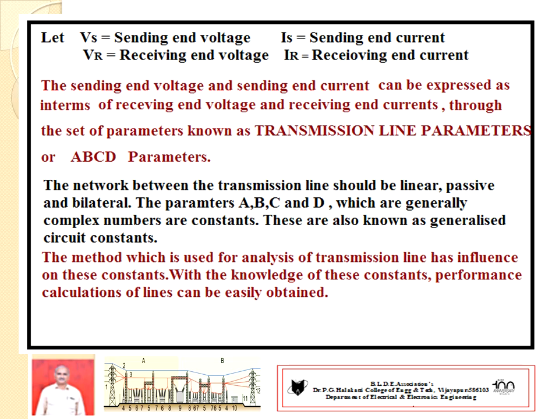Similarly, Is equal to C Vr plus D Ir. These are standard expressions, that is sending end voltage and sending end current are expressed in terms of ABCD parameters with Vr and Ir.